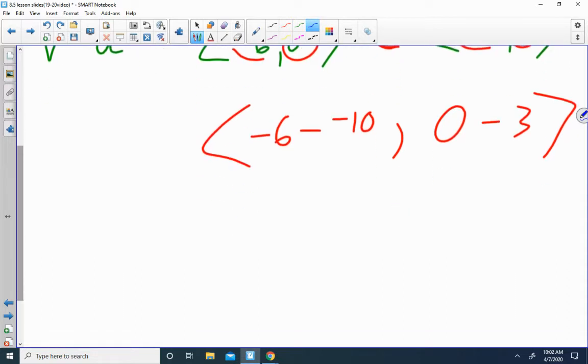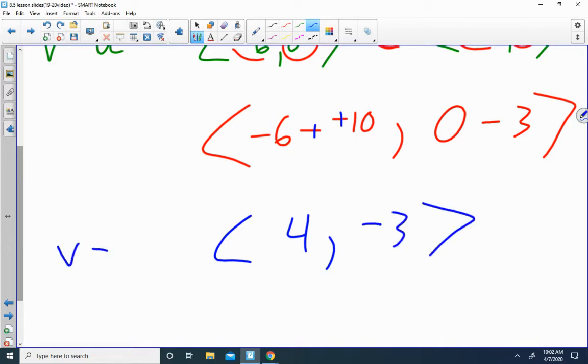Okay, now that we have that, notice here you got minus the negative, which will make that plus positive, which will give you +4. And then 0 minus 3 to give you -3. And that's what you get when you do v minus u. Piece of cake. So again, please be careful with subtraction. Do not rush it. And you should be able to get those just fine.